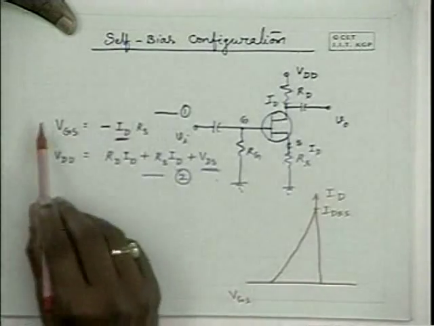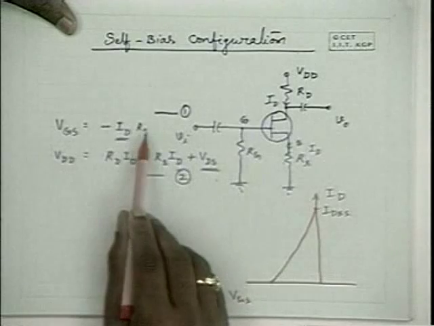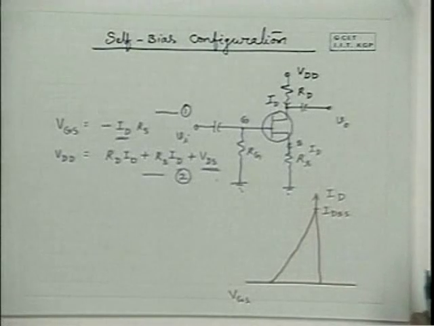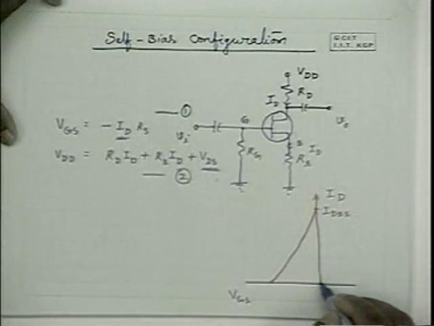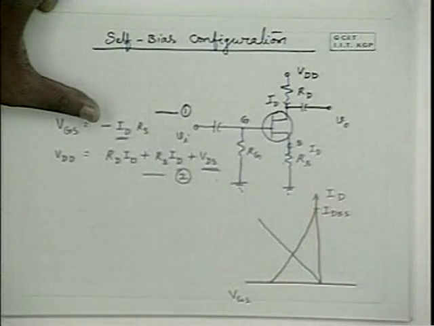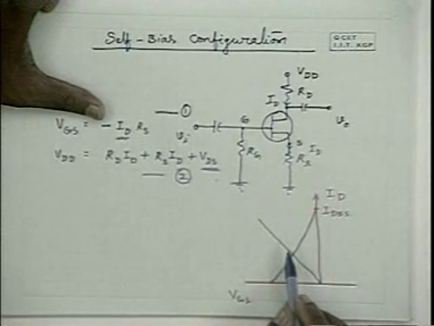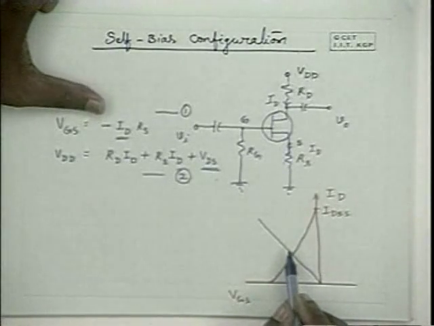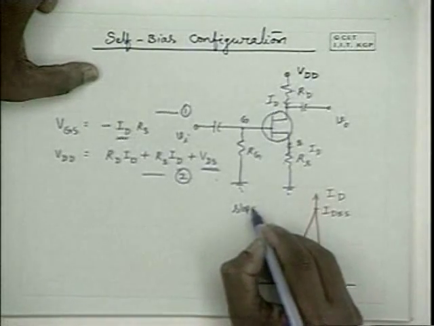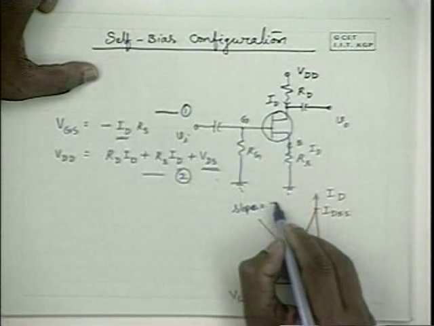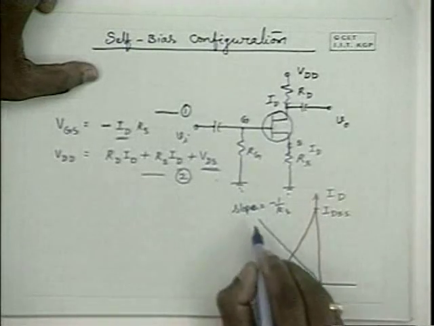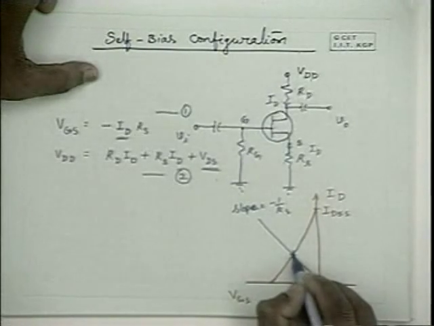If you plot this equation, VGS versus ID, it is a straight line passing through the origin, with the slope being minus 1 by Rs. Once Rs is given, we can draw the line with that slope, and this is the operating point.